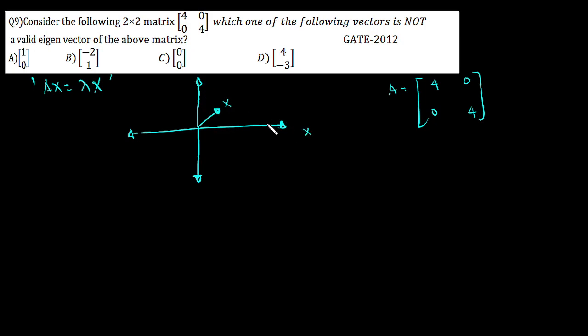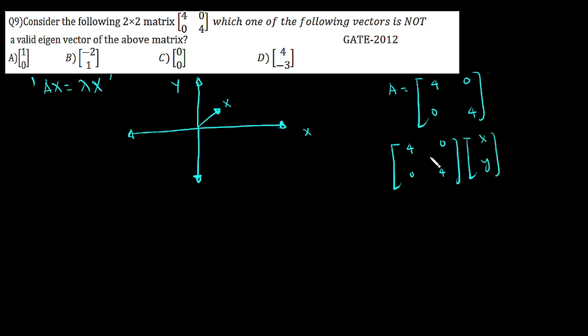Here I have the x axis and y axis, and I am multiplying this matrix with any vector. Let's write it in the general way: a vector in the form x1 and x2. Let's write it in x and y terms, so I can write here x and y.